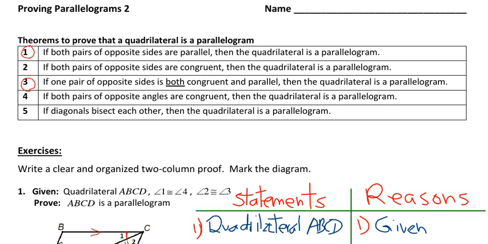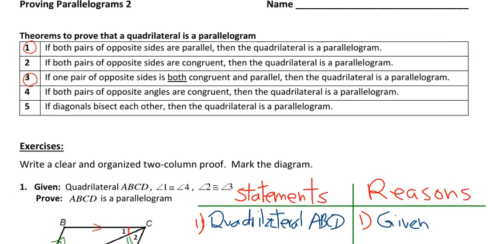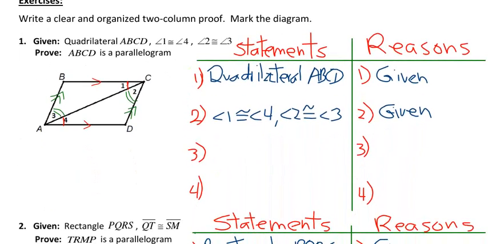So by the first theorem, we can now conclude that this figure ABCD is a parallelogram. So I have the proof partially done, and so I'm just going to complete it.